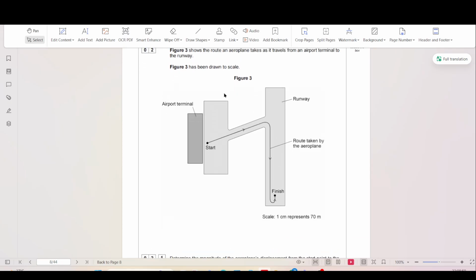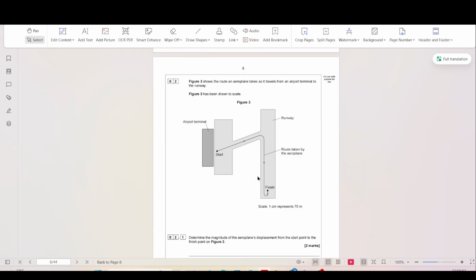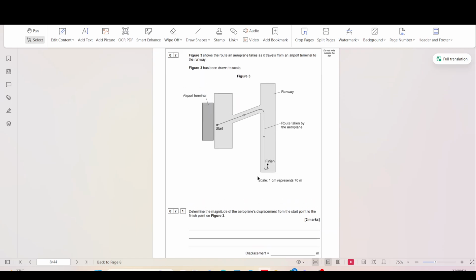Figure 3 has been drawn to scale. Determine the magnitude of the airplane's displacement from the start point to the finish point on Figure 3. So this is the start point and this is the finish point. You have to find this displacement, right?